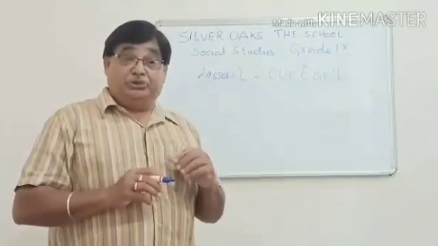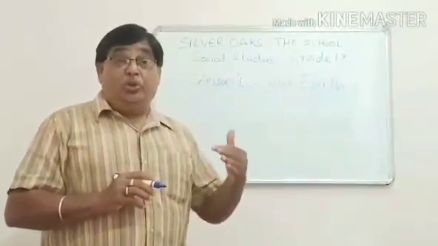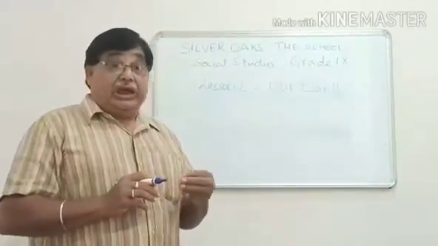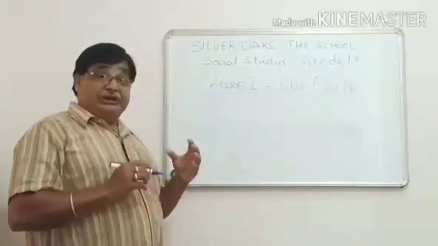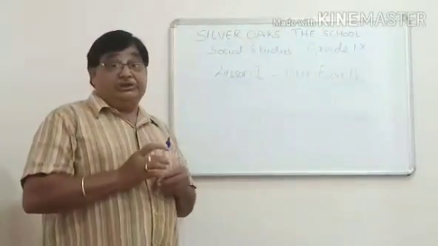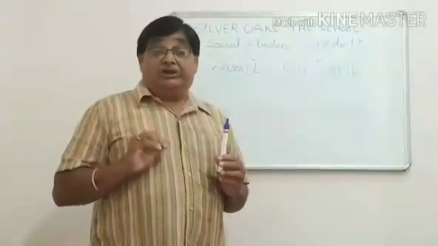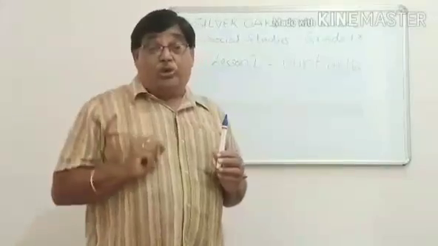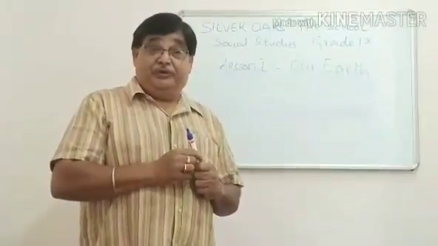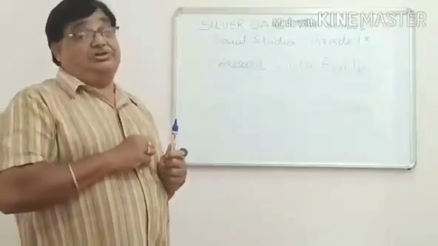Now we are going to discuss the evolution of the earth, how earth came into existence. Human beings are very keen to know about surroundings. They were also keen to know about the bodies which are present in the sky, and they observed the twinkling of stars.